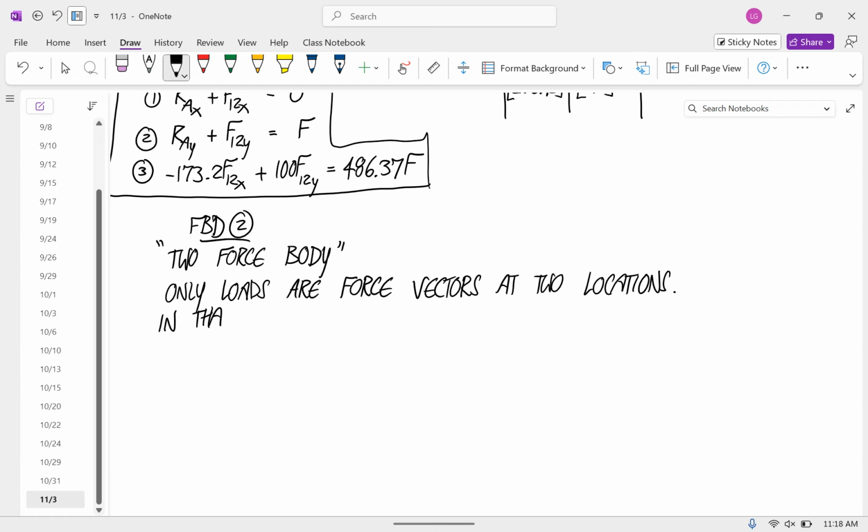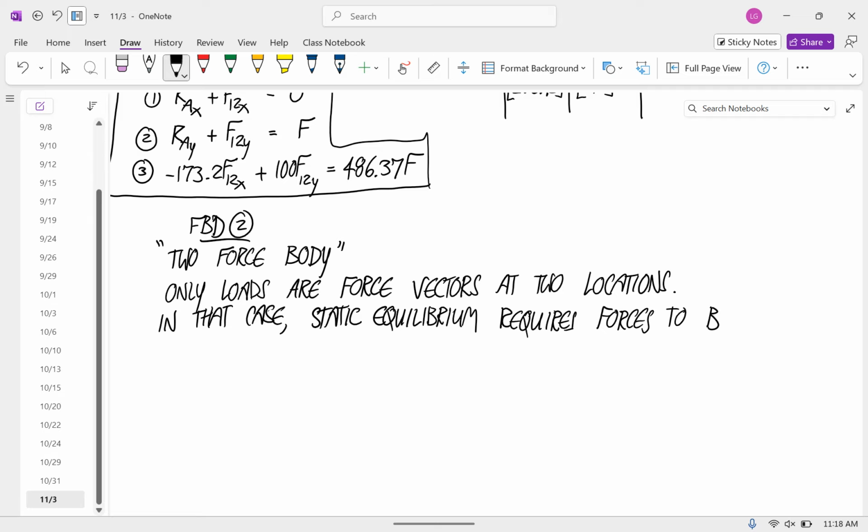In that case, static equilibrium requires the forces to be, first, equal and opposite, and second, directed along the line between the two locations.